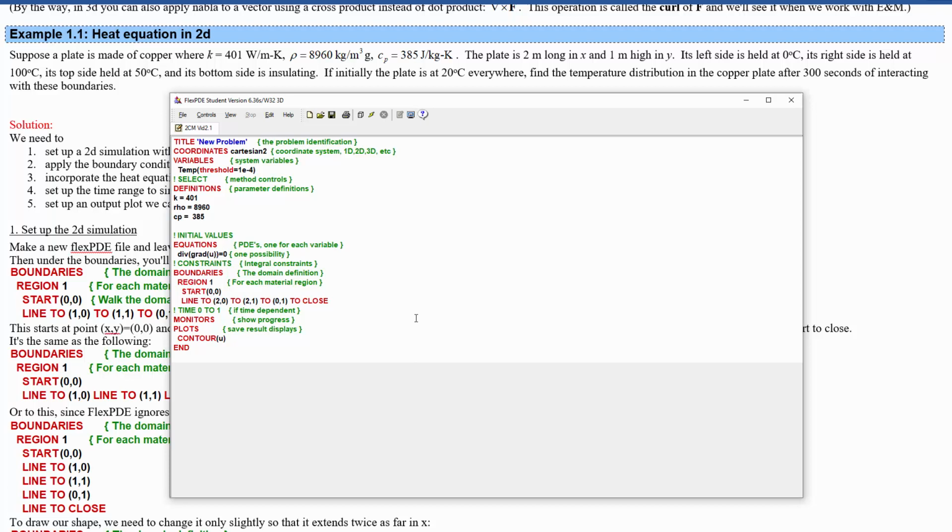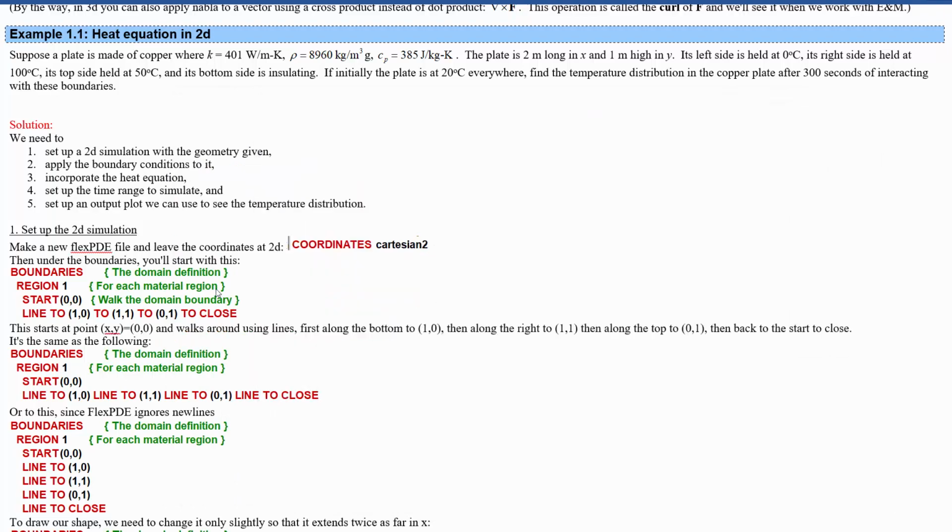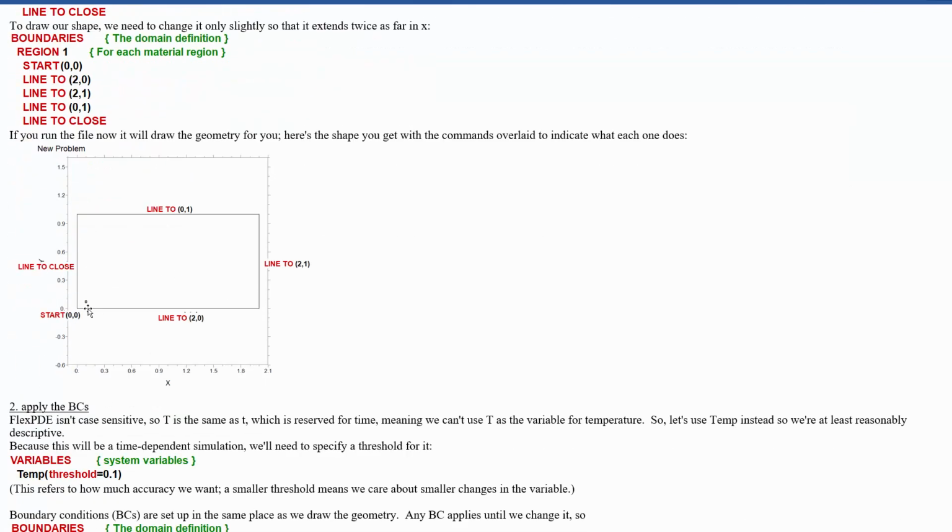That's good. And then we're going to go back to 0, 1, and then to close. So what this does is it just walks around this boundary. It's going to start at 0, 0, take a line over to 2, 0, and then up to 2, 1, back over to 0, 1, that's the next command, and then a line to close to bring it back to where we started. And that's how we walk the boundary.